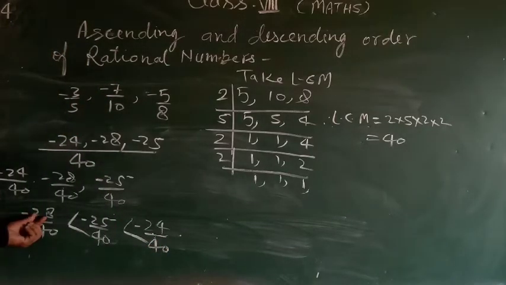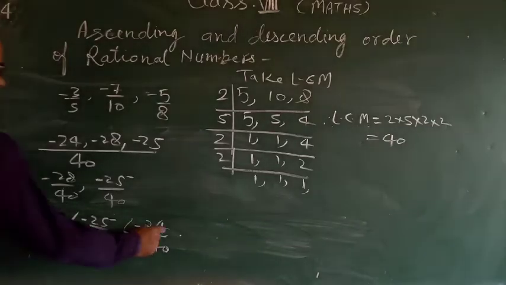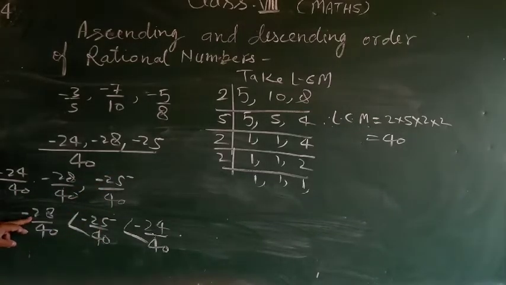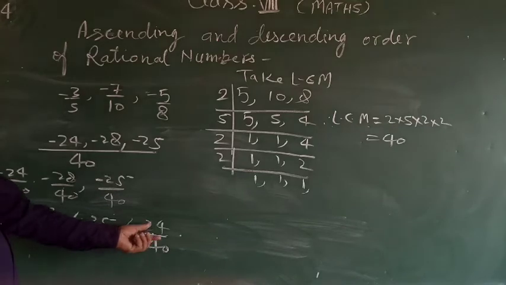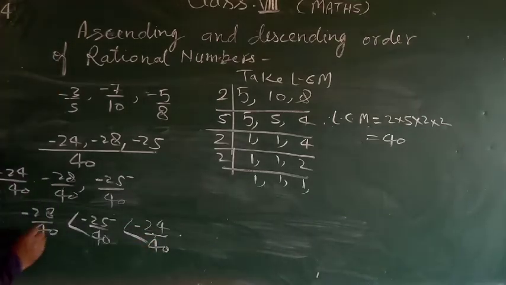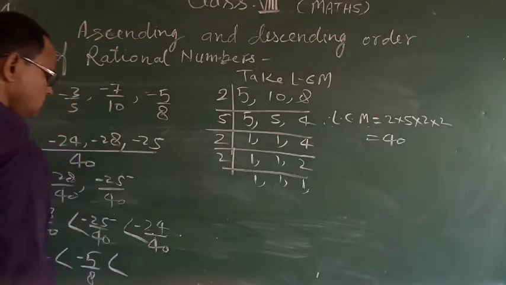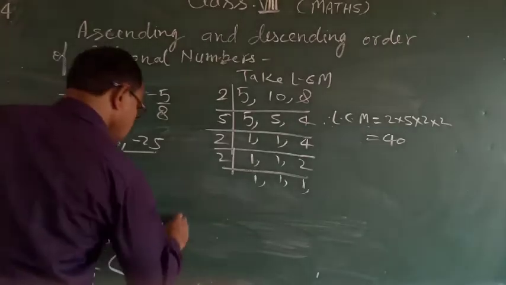Therefore we can write minus 7 upon 10 is less than minus 5 upon 8 is less than minus 3 upon 5, in ascending order.